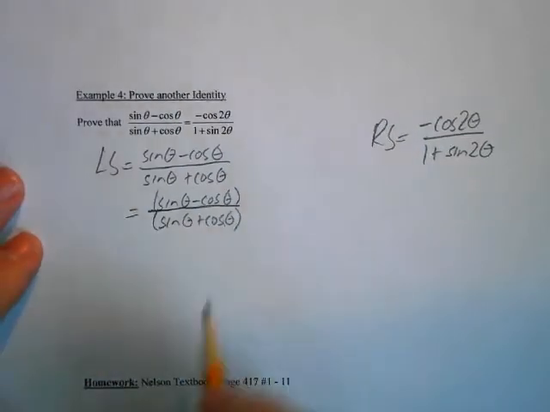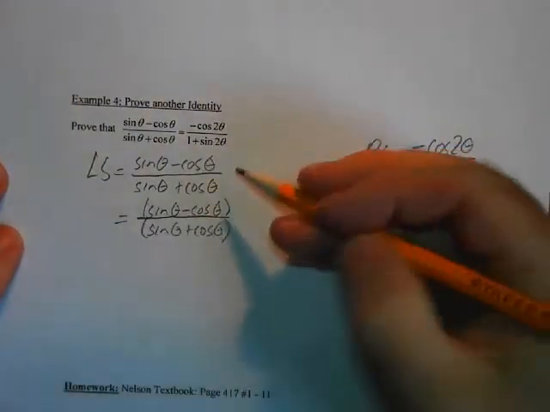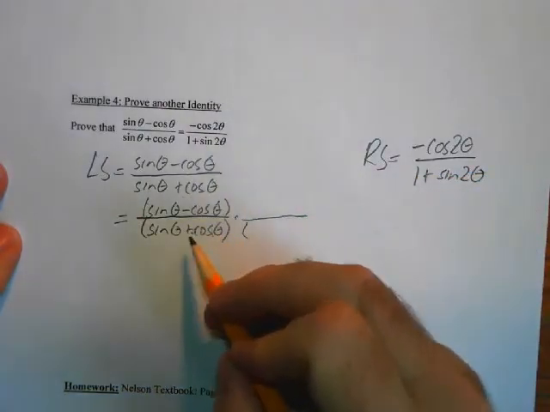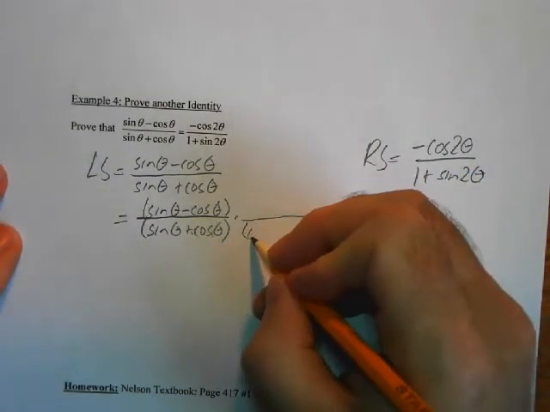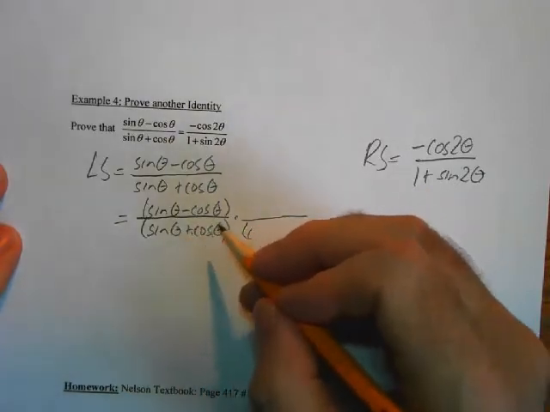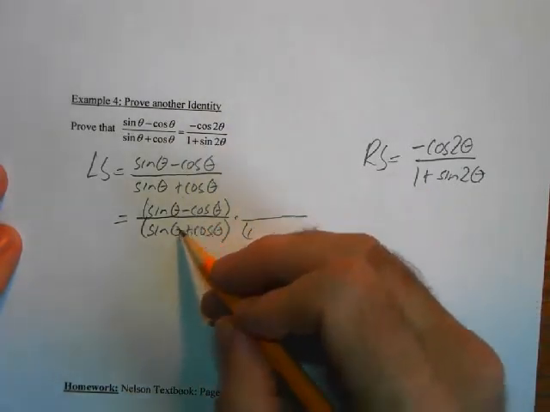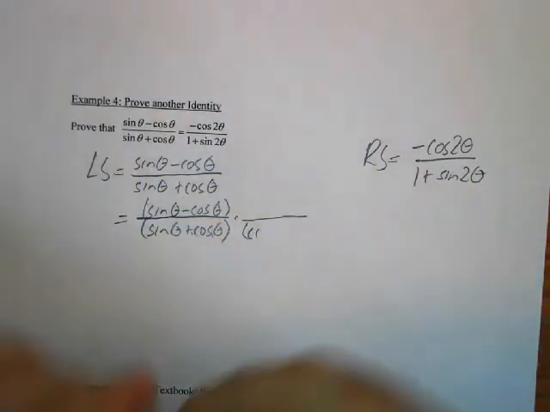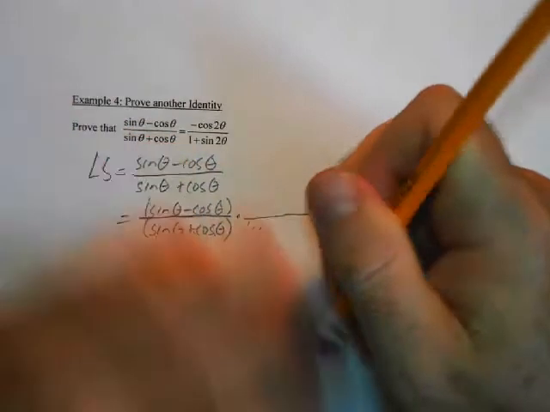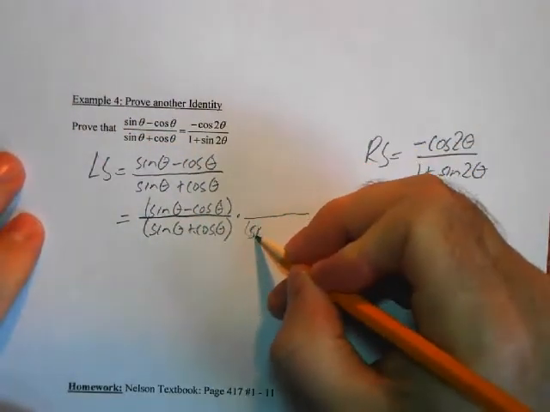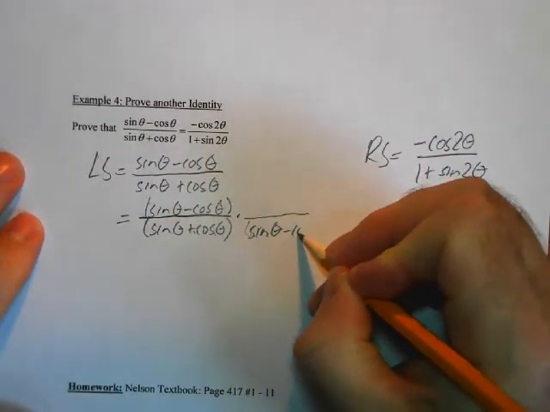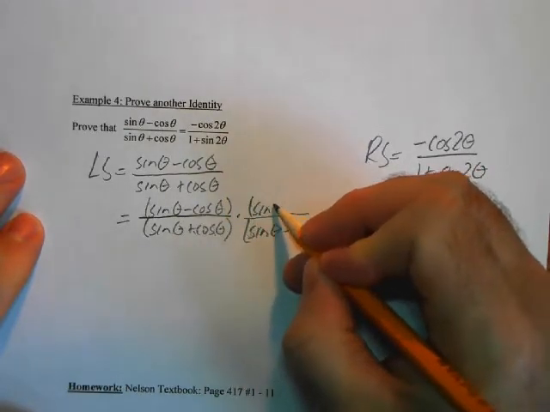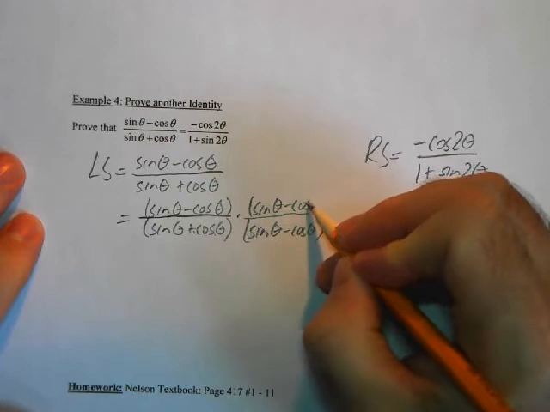Okay, so what I'm going to do is use that conjugate strategy, which basically means I'm going to multiply top and bottom by the conjugate of the denominator. So remember that's just the same terms with an opposite sign between them. So I'm going to get sine theta minus cos theta as the conjugate, and then I multiply the top by the same thing.